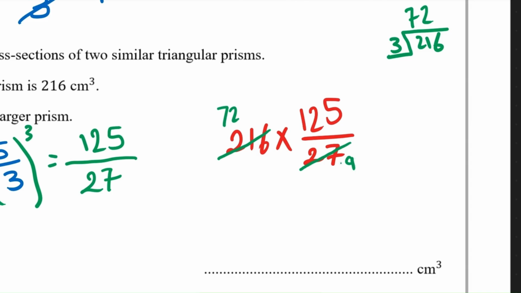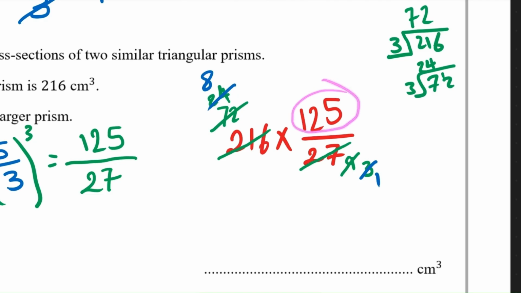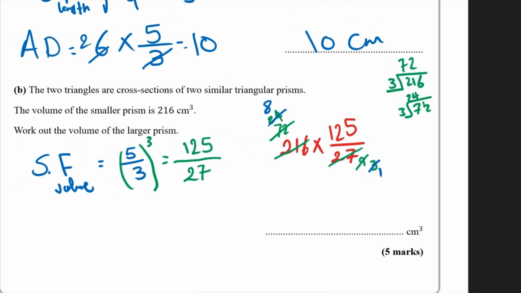To make it simple, if you got confused about the times tables, divide by 3 again, so 9 becomes 3, and 72 divided by 3 is 24. Again, this can still be divided by 3, so 3 divided by 3 is 1, and 24 divided by 3 is 8, isn't it? So now we have two numbers, 125 and 8, which can be multiplied. At the bottom we have 1, so we only need to multiply 8 times 125.